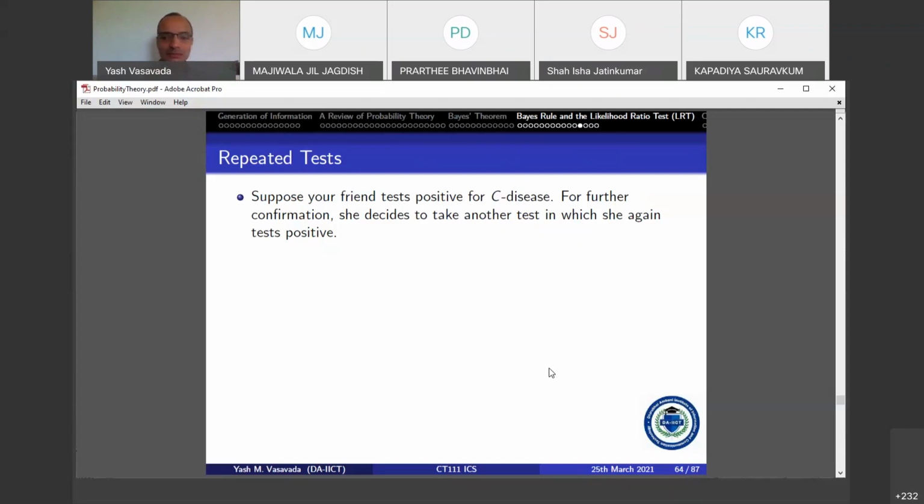This is very understandable. It's common sense that you do a test, it comes out positive, and then you want to get further confirmation, so you take another test. It's very understandable to all of us.